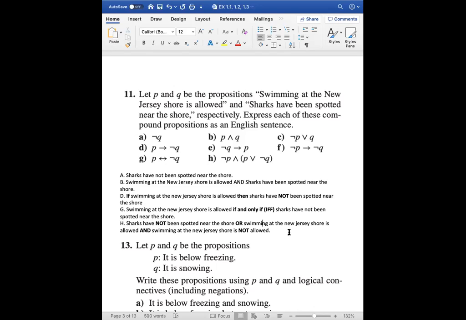So in here, we take the statement represented by P and apply the negation to it. And then I took the inside one: swimming at the New Jersey shore is allowed, and swimming at the New Jersey shore is not allowed.